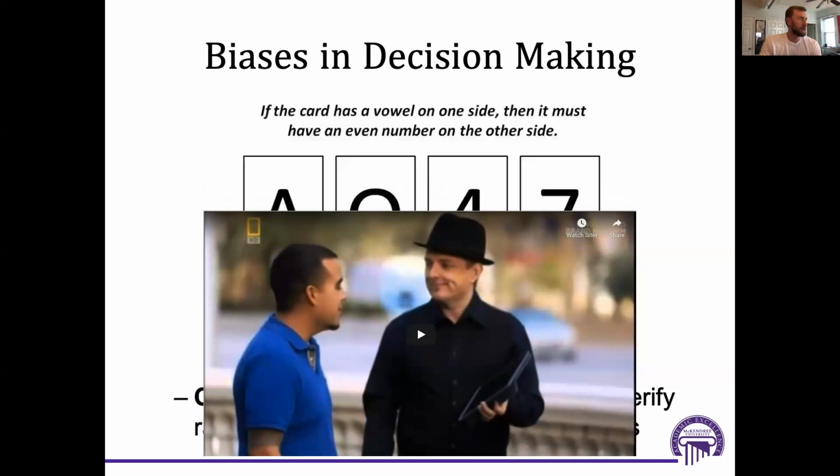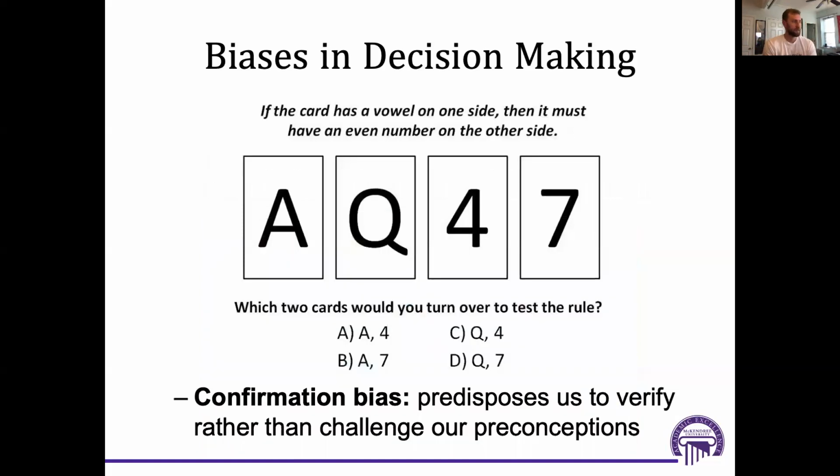So let's move on to the next bias, which is something known as the confirmation bias. The confirmation bias describes this tendency where we look to things that would verify our preconceptions as opposed to challenge them, right? So we're looking for things that confirm our already existing thoughts. So consider this problem here.